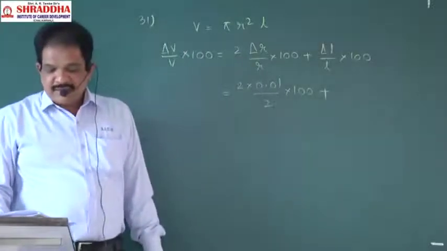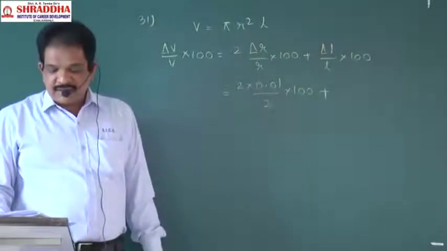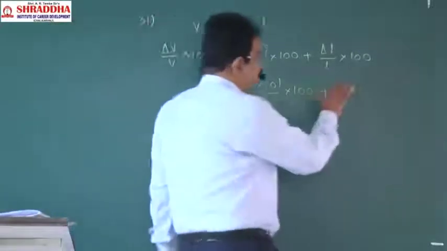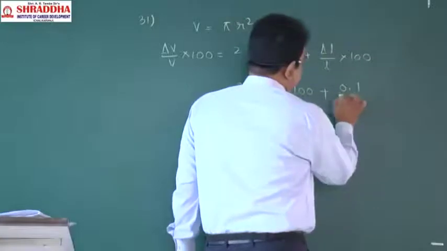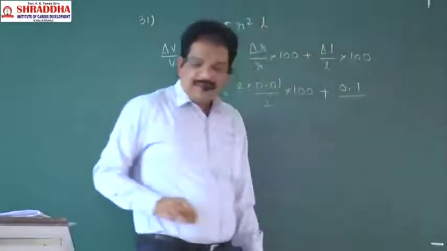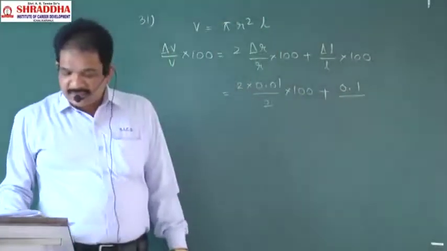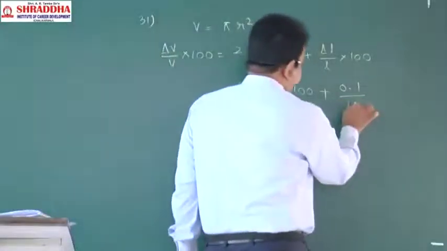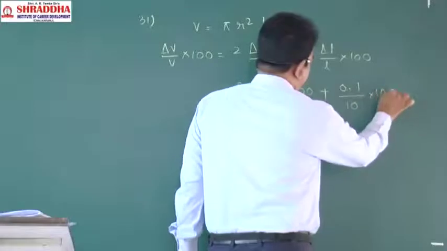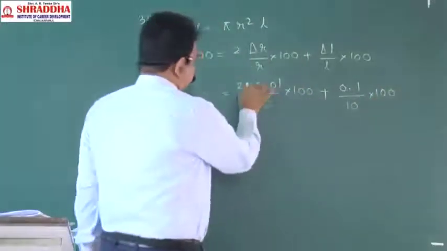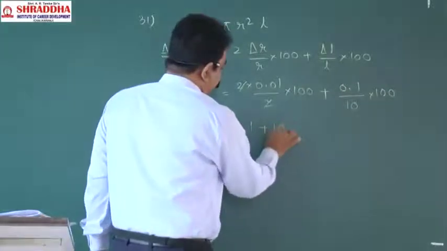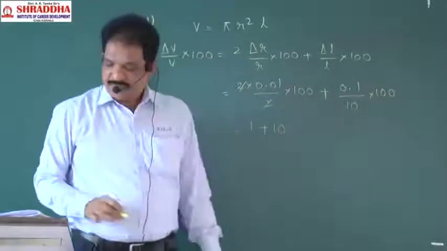Next, length they are asking. Length error will be 1 mm, means 0.1 centimeter. By length they given it as 10 centimeter into 100. So this value will be 1. That value will be 10.